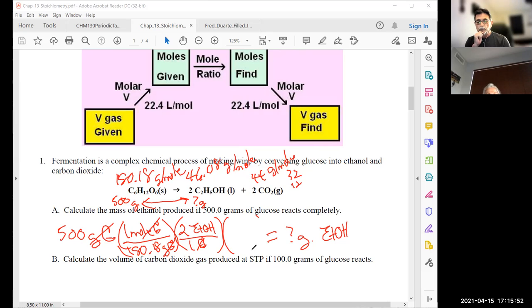Then I need one more factor: grams of ethanol per 1 mole of ethanol. That is the molar mass, 46.08. Checking my units, moles of ethanol cancel. I do all those numbers.